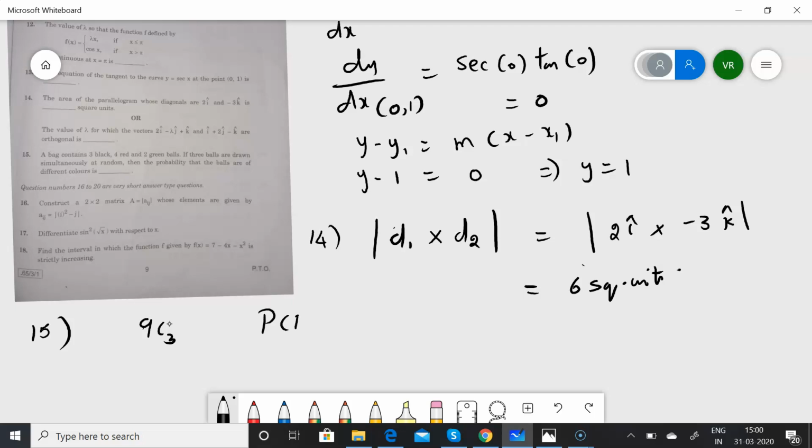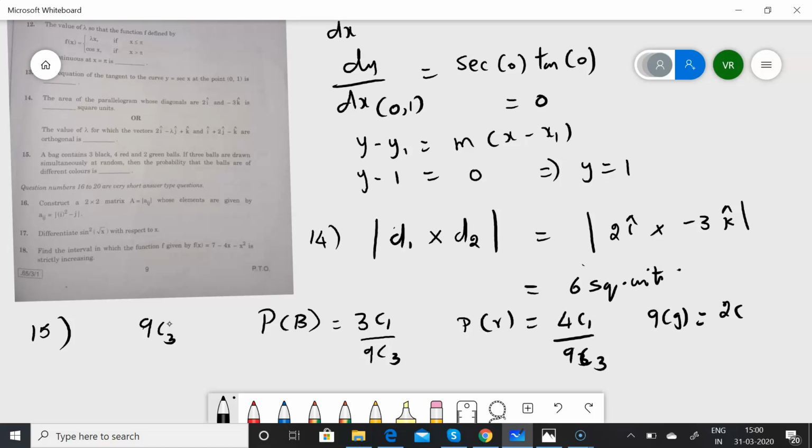so probability of getting a black ball is now going to be 3C1 by 9C3, and probability of getting a red ball is now going to be 4C1 by 9C3, and probability of getting a green ball is 2C1 by 9C3.